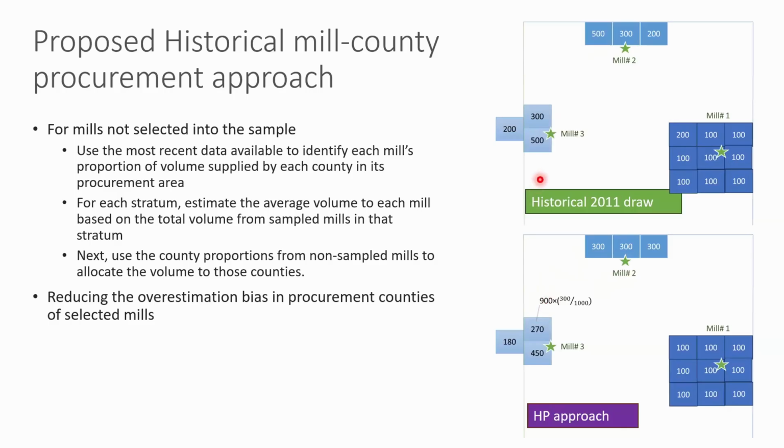And then we assign the proportion using the historical information. This is the percentage. So suppose we want to calculate for 2013, we use the 2011 data that we know. We assign the proportion, which is like 30%, 50%, and 20% here.